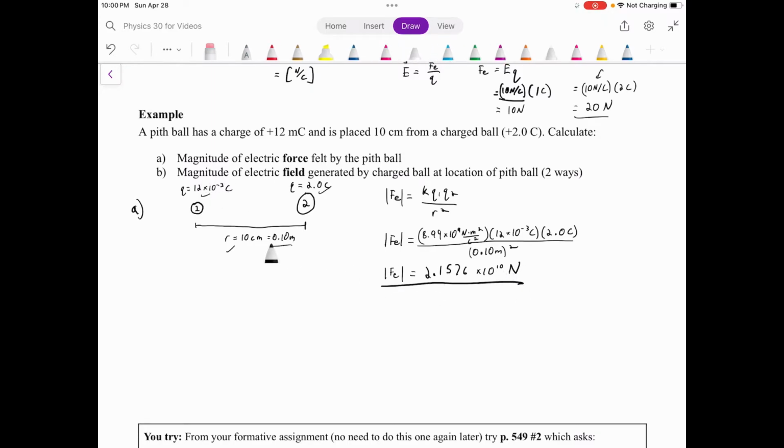Well, I mean, we couldn't actually, because we don't know if this is actually on the left. It didn't say that. I just put it on the left for my diagram. But we do know that at the very least, would it be attractive or repulsive? Would this be an attractive force pulling them together or repulsive pushing them away? It would be repulsive, right? They're both positive. So we could at least say that if we wanted, although it did just ask for the magnitude, so we don't need to sweat it too much.